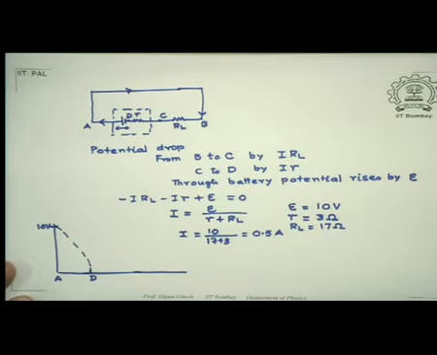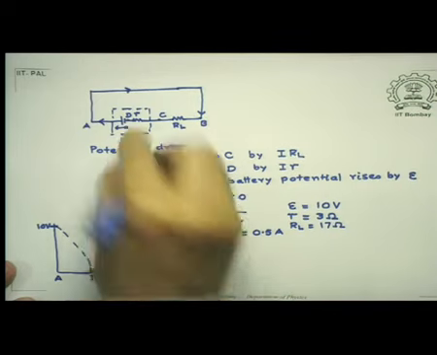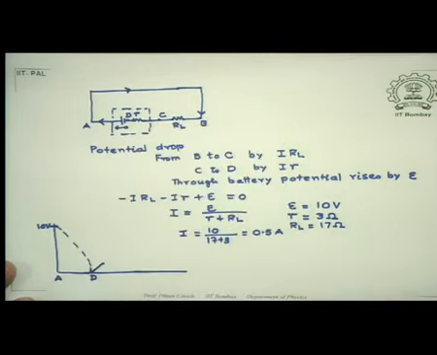Now, having done that, I go from point D to the point C through the resistance small r. Since the resistances have been assumed to be ohmic, the change in potential would be linear as it goes through the resistance. So from D, it rises as I go to the point C, or rather the end point here.